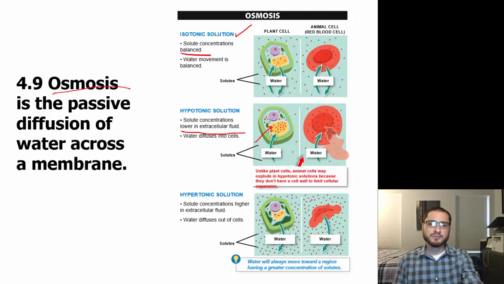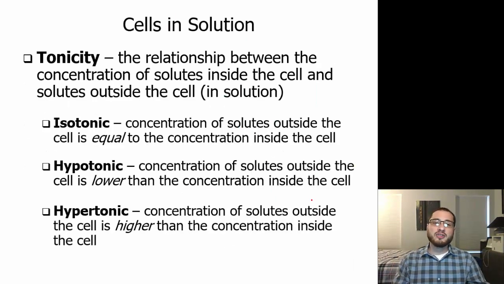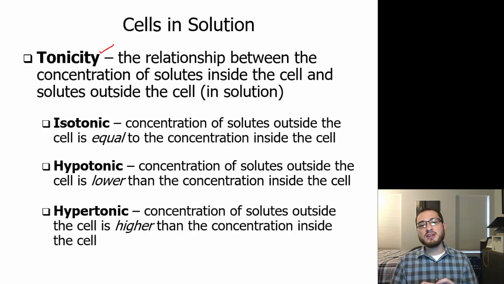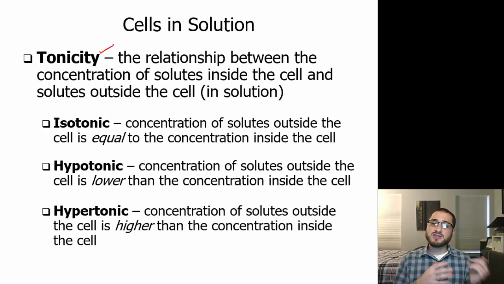So depending on what type of solution that a cell is put in is going to affect the flow of molecules, the flow of water, the osmosis that occurs. So we call this amount of solutes in a liquid tonicity. All right, and tonicity is the relationship between the concentration of the solutes inside the cell and the solutes outside of the cell, and that tonicity is going to influence whether molecules are going to flow out or molecules are going to flow in.